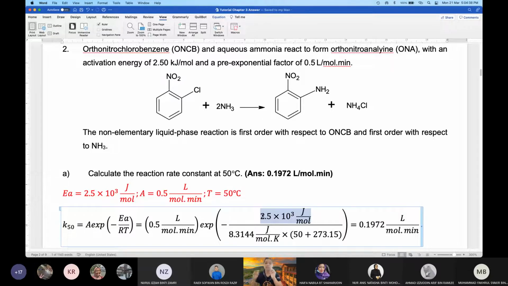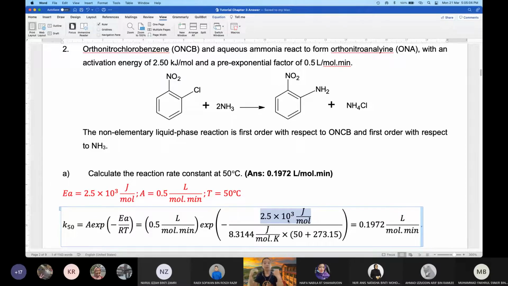Biasanya memang nilai EA ni nilai yang sangat besar. Energy kan, how much energy you need, right? So it's always big, so it's usually represented in the form of kilojoule atau kilocalorie. Tapi dalam pengiraan kamu jangan lupa that kilojoule must be converted to joule.